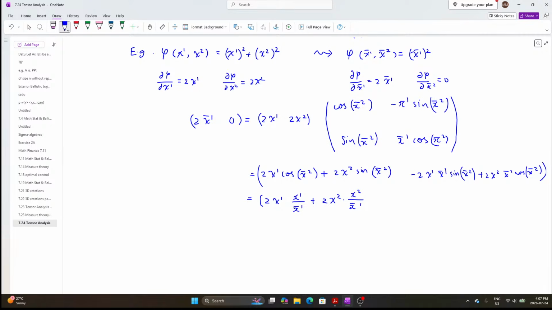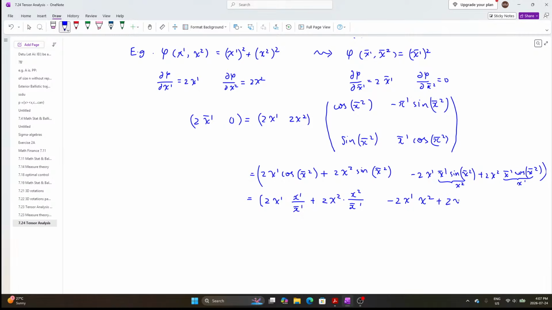As you can already see, can we see that? Yeah, almost. So the second entry is minus 2x1 x bar 1 times the sine, which is x2, and x bar 1 times the cosine is x1.